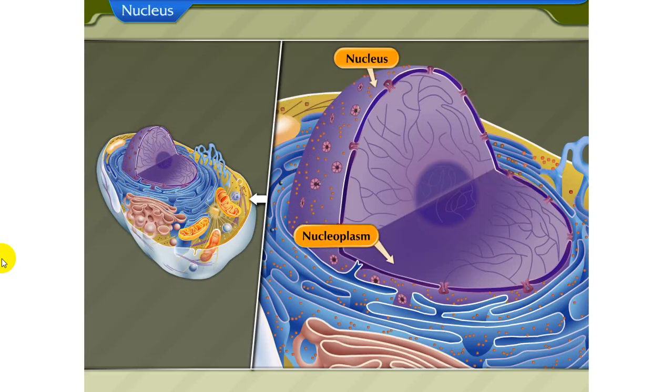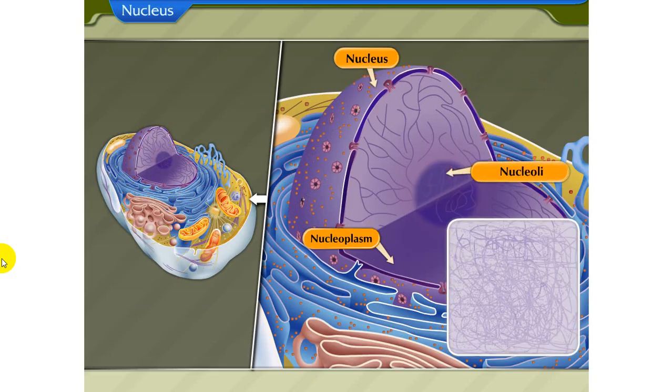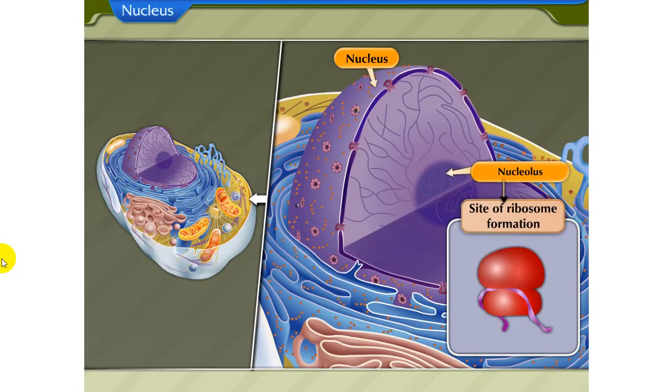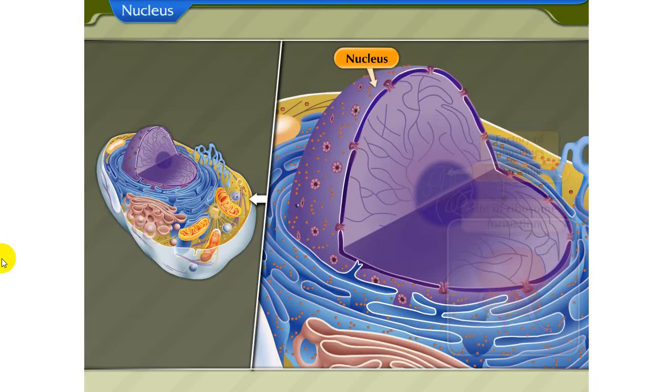The nucleoplasm contains one or more round-shaped nucleoli and a network of fibers called chromatin fibers. Nucleolus is not bounded by a membrane. Nucleolus is a site of ribosome formation, hence it is known as the factory of ribosomes.